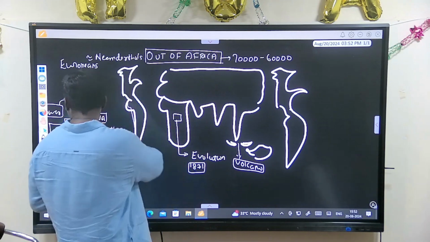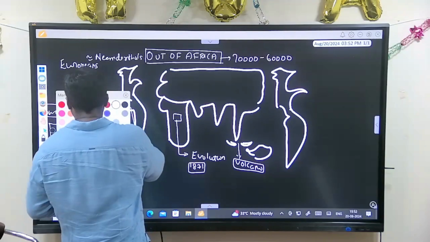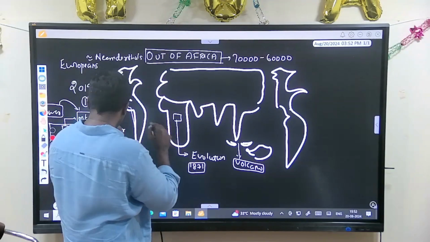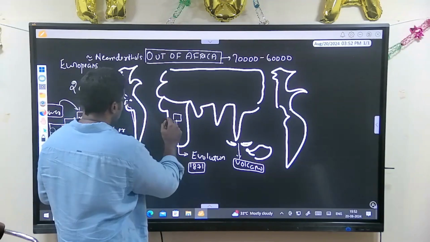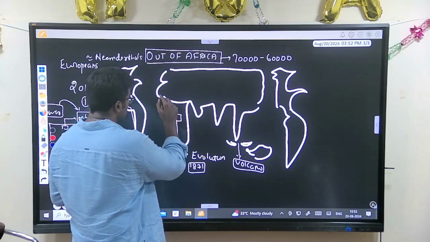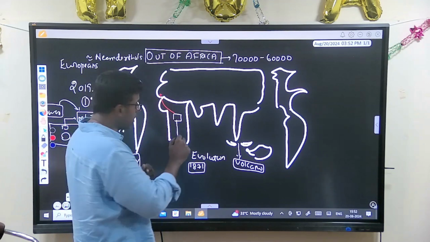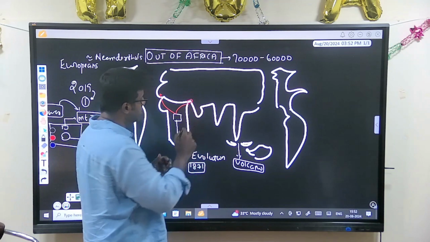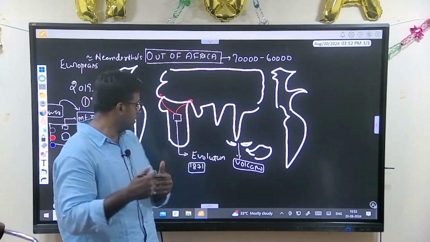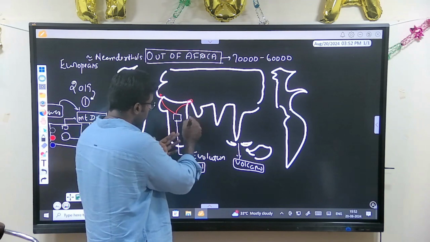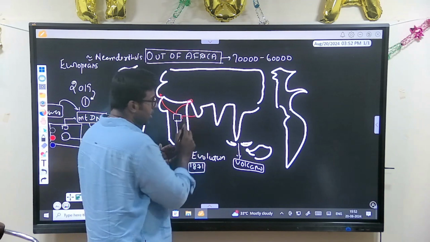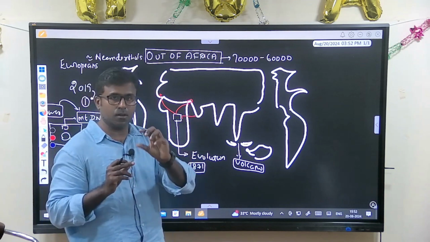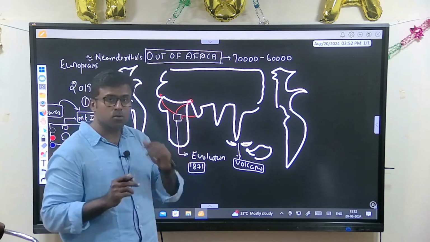Now you can imagine that they say there are 4 routes. One route is through the Sinai Peninsula, or today's Israel Palestine. Another is the Bab-el-Mandeb, a strait here; you can go this way.